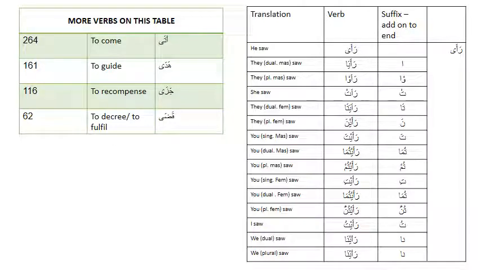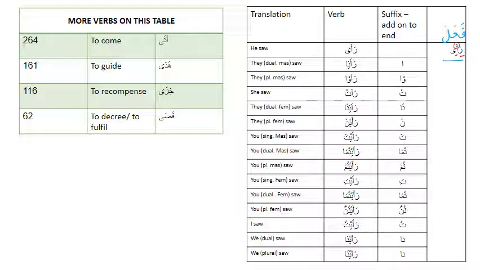Now, the word ra'a is a bit different. It is the third type that we will go through today. Ra'a has three letters in it, fa'ala. The fa letter is a ra. The ayn letter is a hamza.